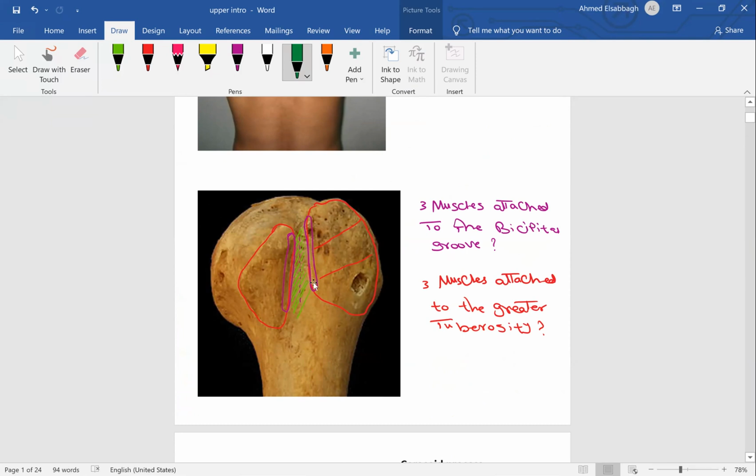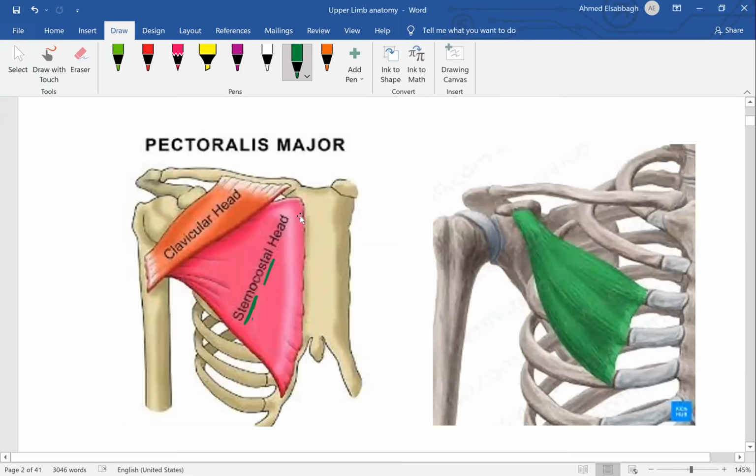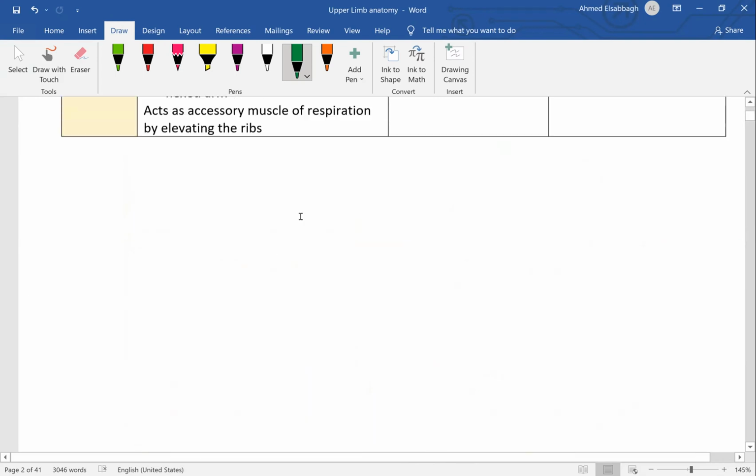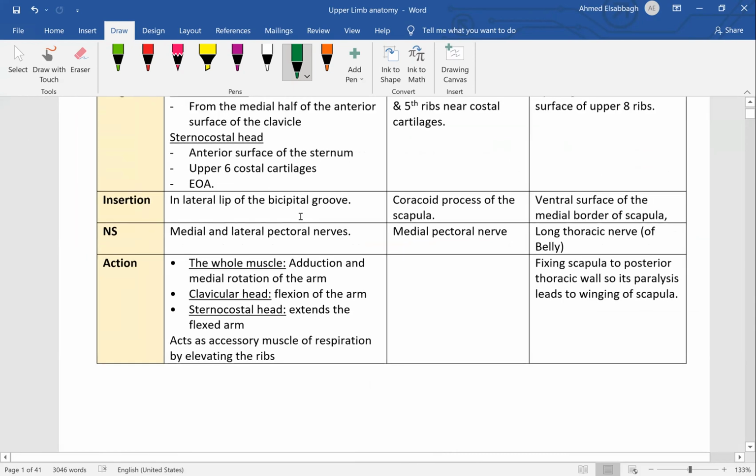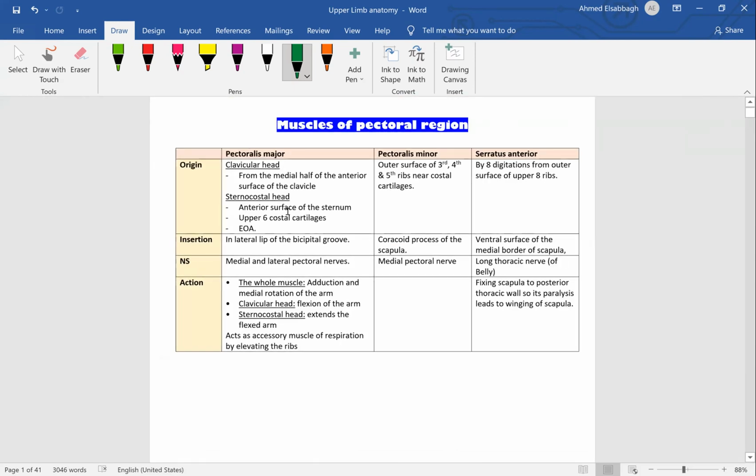So now we have a single muscle. This is its insertion. We will collect all of these muscles during the lecture.